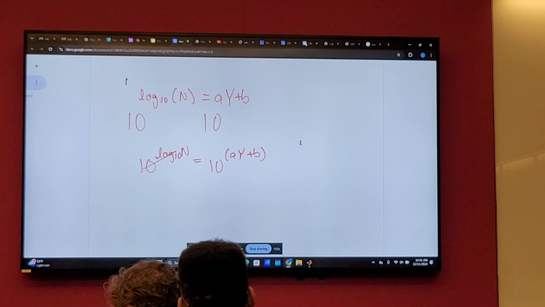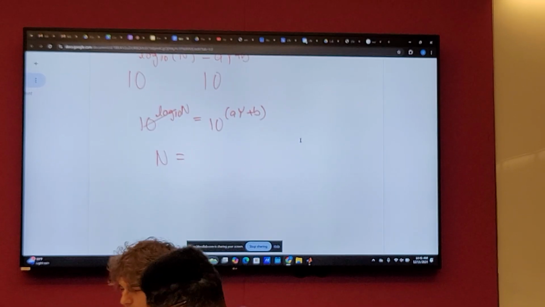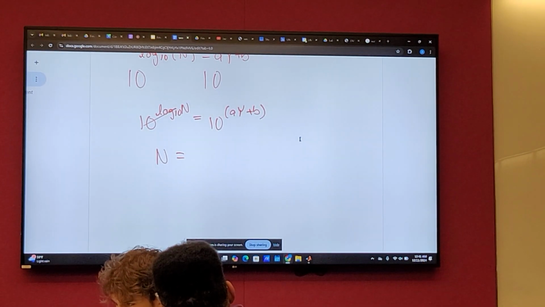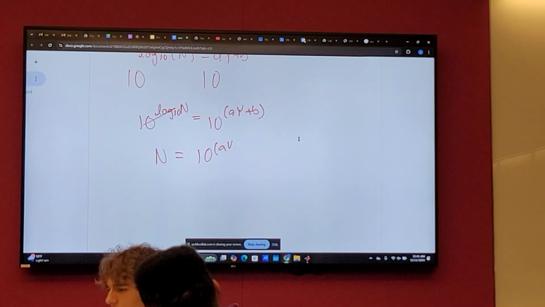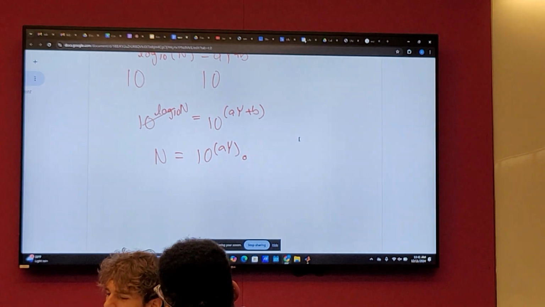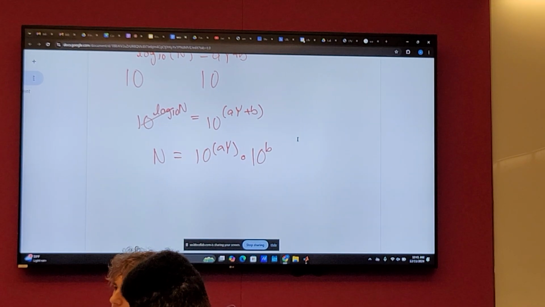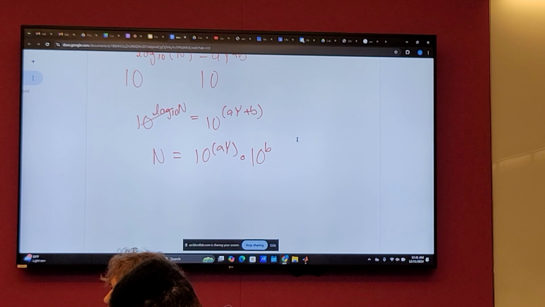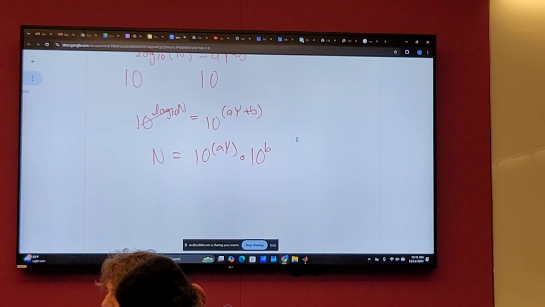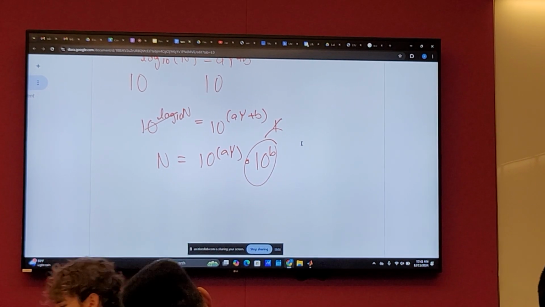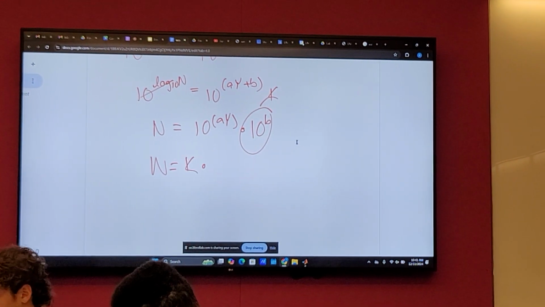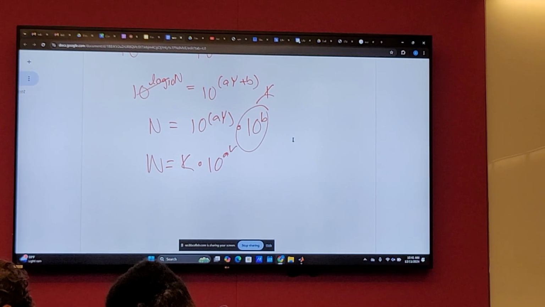So we will get n on this side, and then using our properties of exponents, we can separate this into 10 to the ay times 10 to the b. Then in our answer choices, we'll actually turn this into a constant k. So n is equal to k times 10 to the ay.